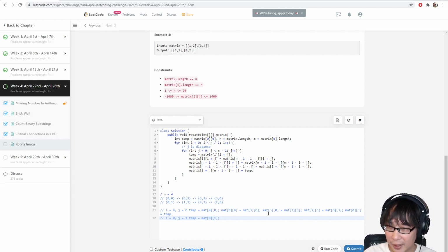And the next line is matrix[m minus 1 minus 0, still 3, minus 1 is 2], so [3][2].